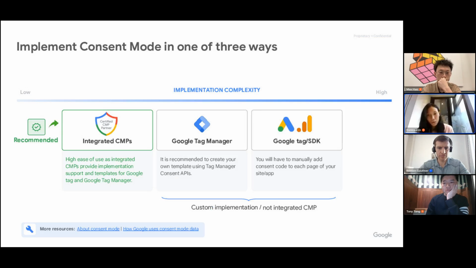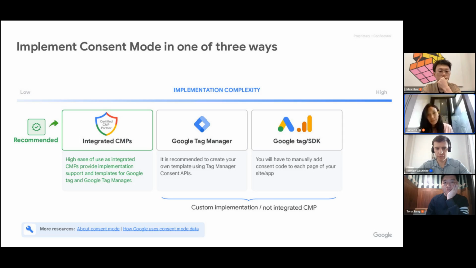Next, there are multiple ways to implement consent mode. Essentially, you can do it manually through Google Tag, or adjust your SDK tag behavior, or go through GTM, Google Tag Manager. These are custom implementation solutions that are quite time consuming and not as efficient as using an integrated certified CMP.